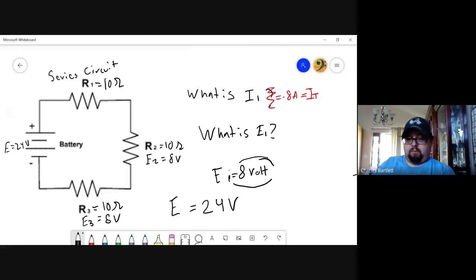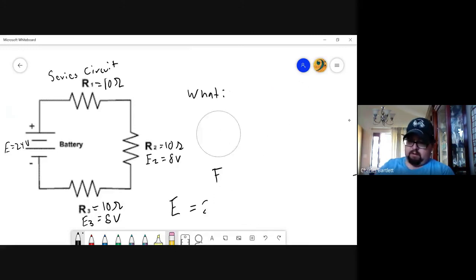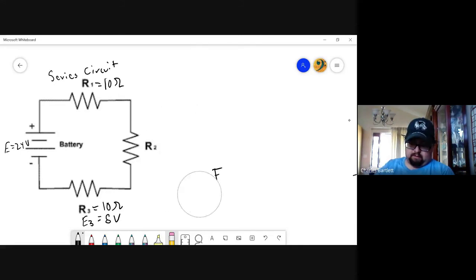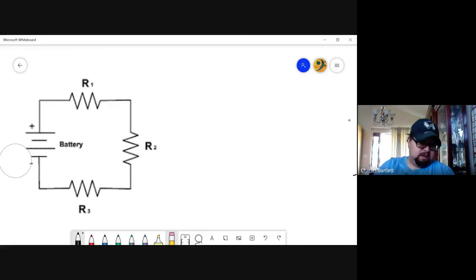I kept it simple just for sake of time. But obviously, we can have a circuit that has different resistances, right? So we could have R1 is 10, R2 is 20, and R3 is 30 ohms.